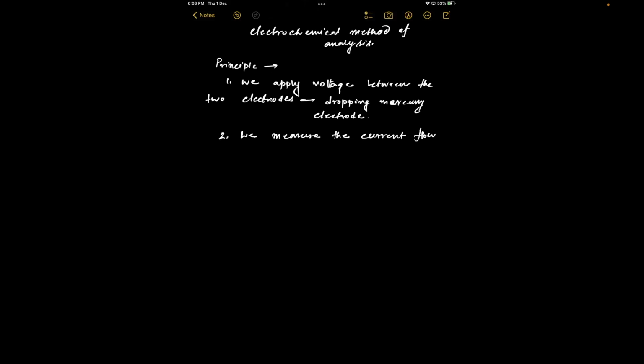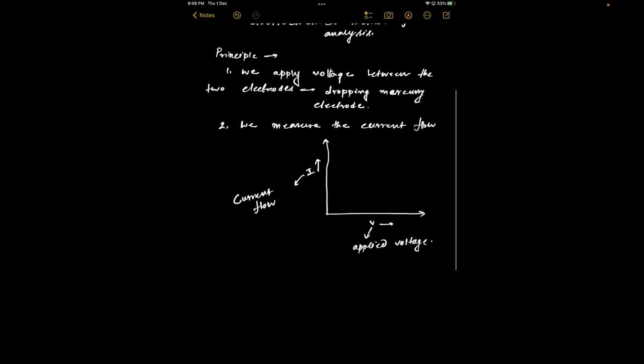So if we plot the measured current flow, which we call, let's say, I, and the applied voltage, let's say, V. So this is the current flow, and V is the applied voltage. Then a sigmoid type of curve will be generated.